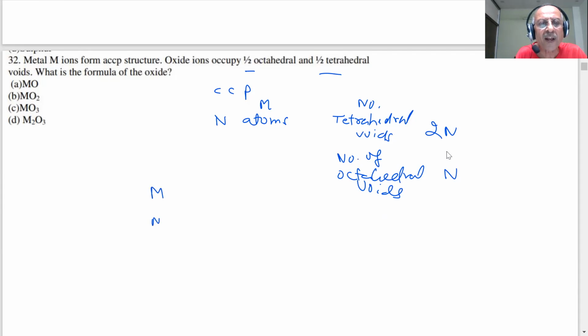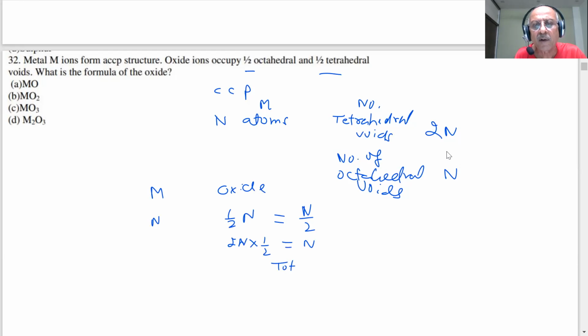If metal has n, then oxide ions occupy half of octahedral, which means half of n, and half of tetrahedral. Tetrahedral is 2n into half. So how much is that, student? n by 2 and n. So total, n by 2 plus n will be how much? 3n by 2.